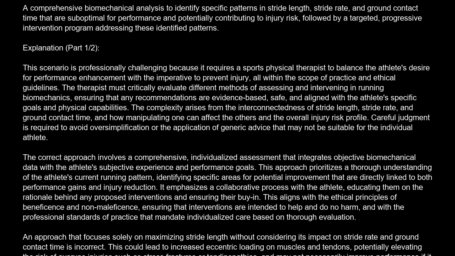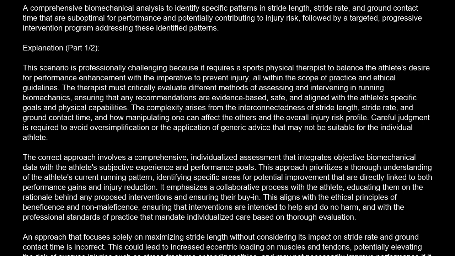Explanation: this scenario is professionally challenging because it requires a sports physical therapist to balance the athlete's desire for performance enhancement with the imperative to prevent injury, all within the scope of practice and ethical guidelines. The therapist must critically evaluate different methods of assessing and intervening in running biomechanics, ensuring that any recommendations are evidence-based, safe, and aligned with the athlete's specific goals and physical capabilities.